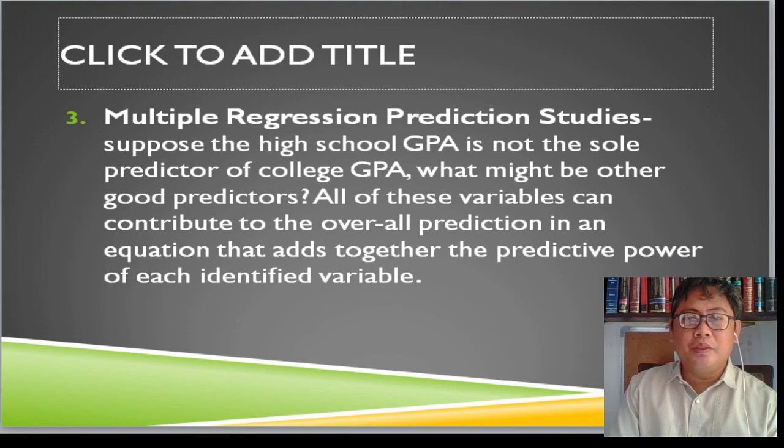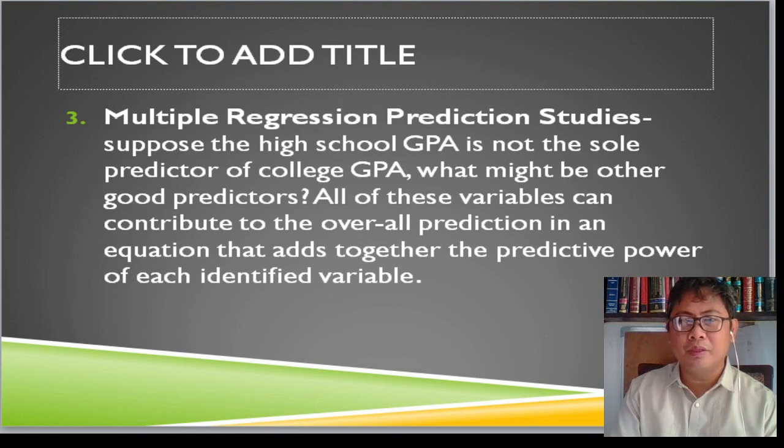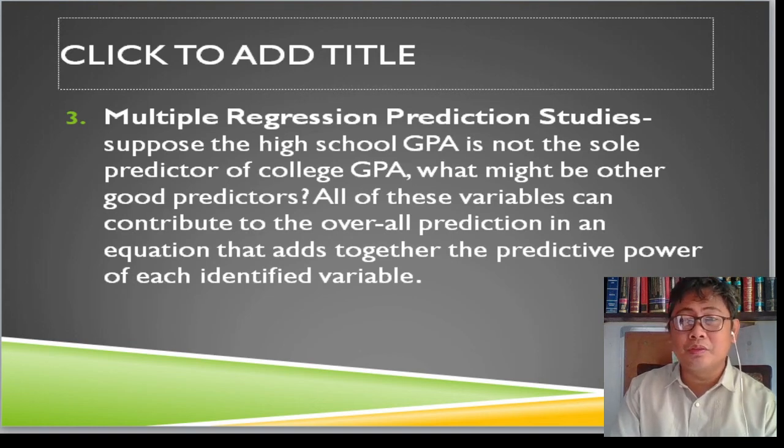The third one is the multiple regression prediction studies. Suppose the high school GPA is not the sole predictor of college GPA, what might be the other good predictors? All of these variables can contribute to the overall prediction in an equation that adds together the predictive power of each identified variable. So the GPA, for example, regarding the academic performance of the students.